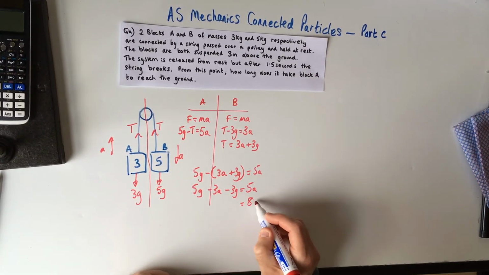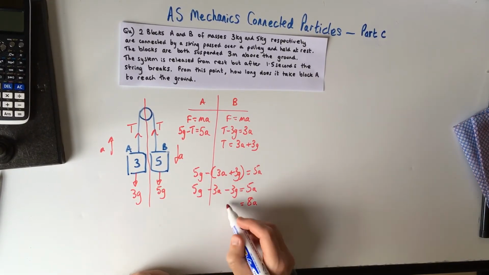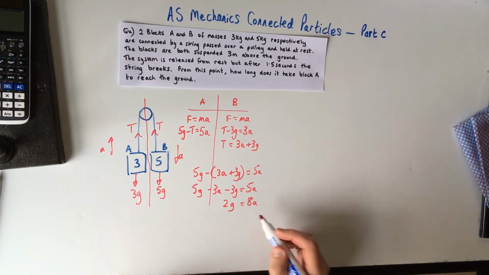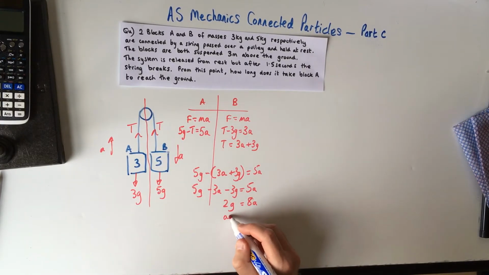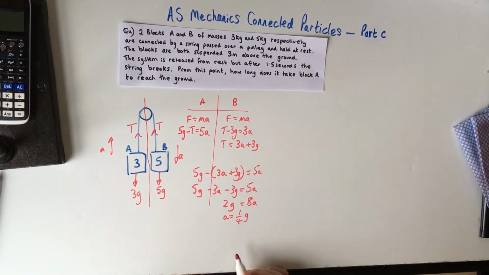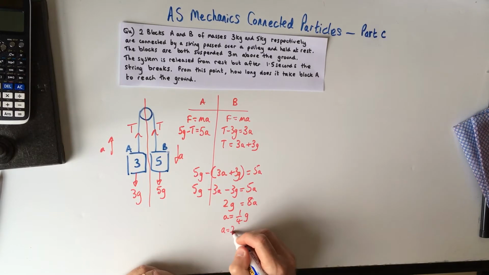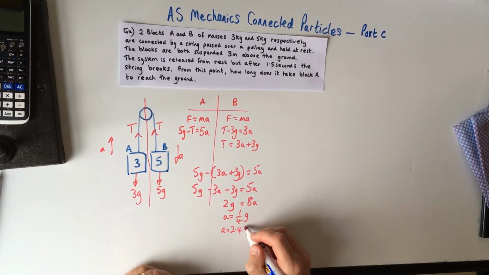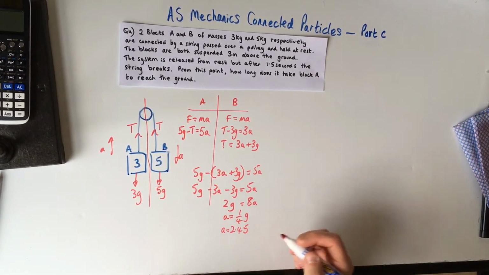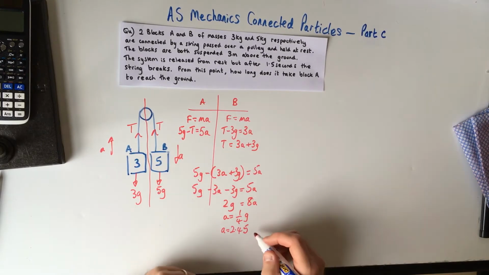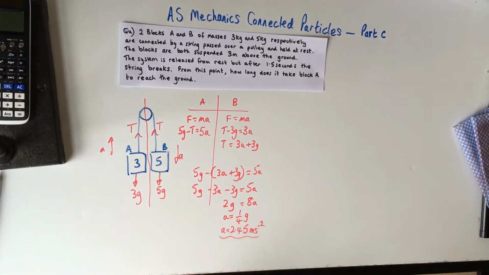So I've got 8a equals 2g, so a is equal to a quarter g. A quarter of 9.8, by the way, is just 2.45. That's a quarter of 9.8, isn't it? Meters per second to the minus 2. So I've got the acceleration now.